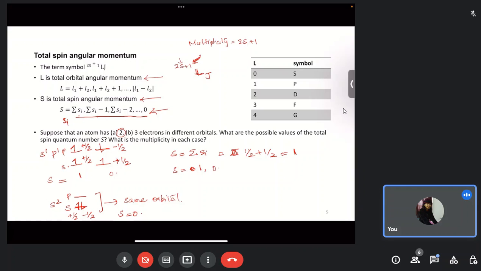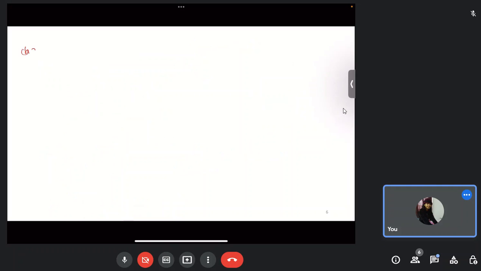So let's have a look at what happens when three electrons are in different orbitals. Consider you have 1s, 2s, and 2p, with one electron in each of these three orbitals. What happens to your S value?